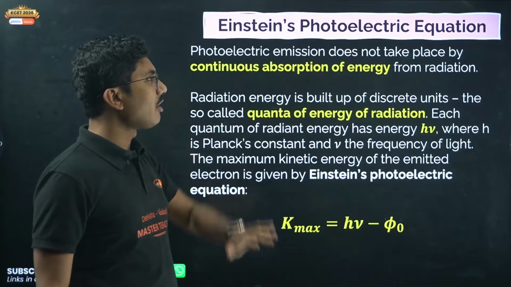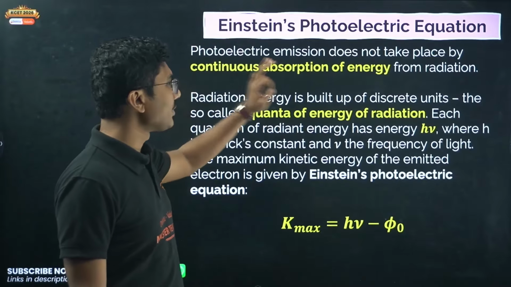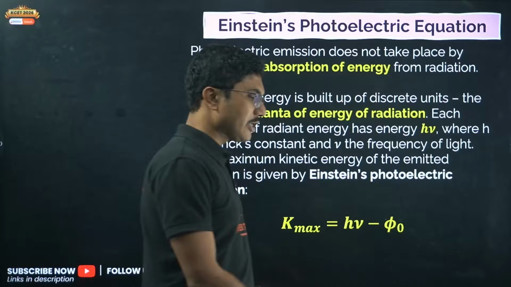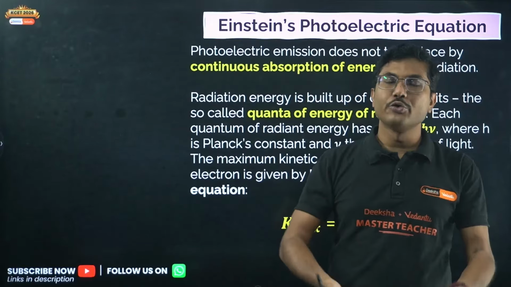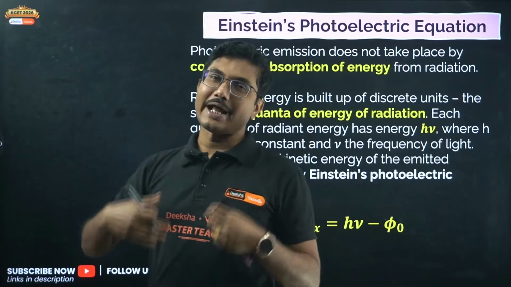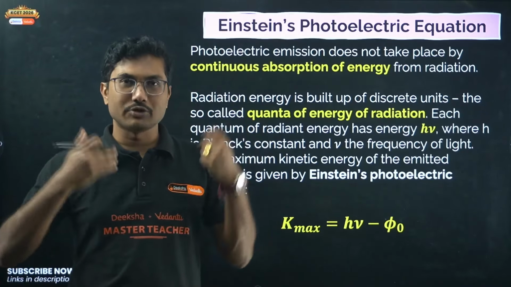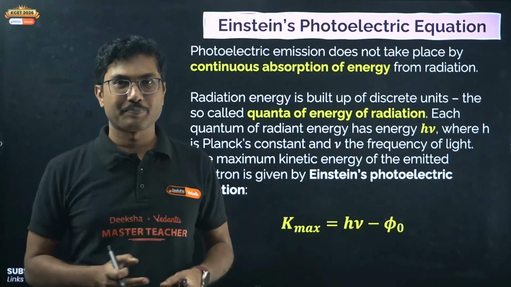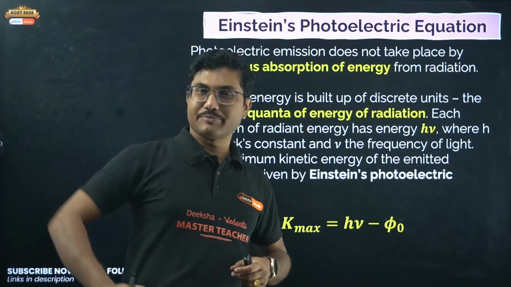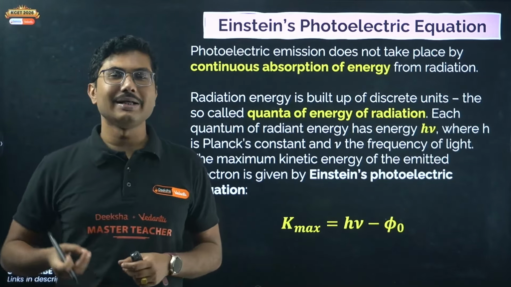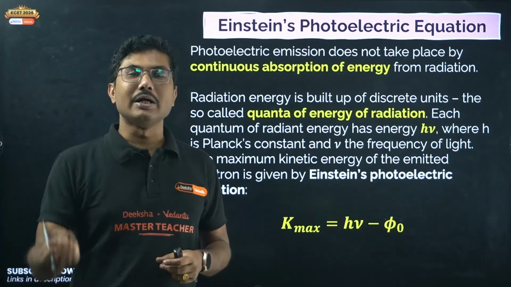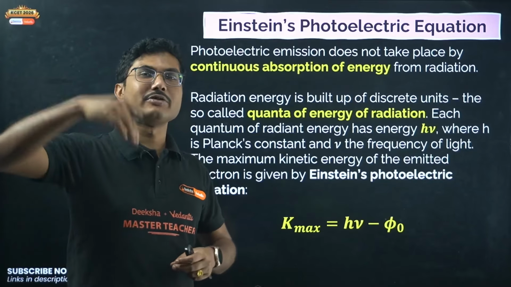Photoelectric emission does not take place by continuous absorption of energy. Continuous absorption means I am giving you food, you are eating slowly, and everything you eat increases your weight. You are continuously eating. That is called continuous absorption. For example, if you heat a certain metal, the metal will continuously absorb the heat energy and electrons become free.